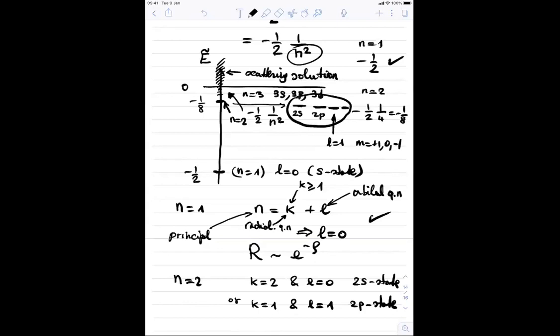So familiarize yourself a little with this construction and the names of the states, and the fact that there is this interesting extra degeneracy associated to the very special nature of the hydrogen atom. I will stop here, because we have gone a bit longer than expected.